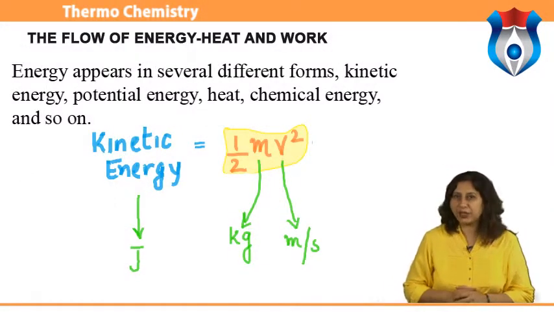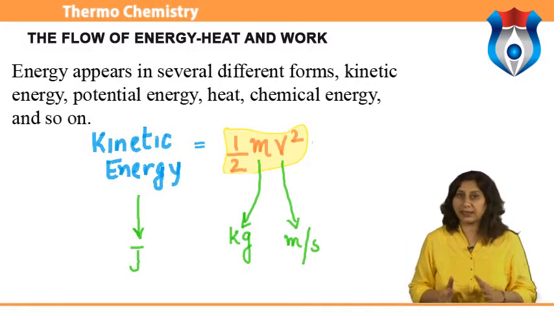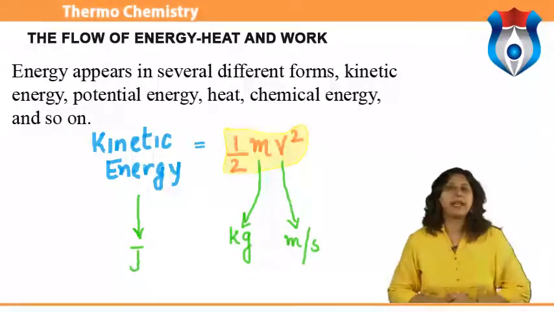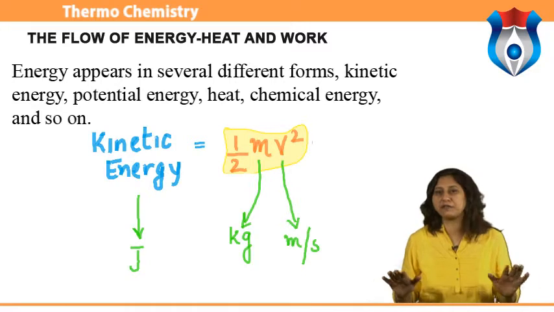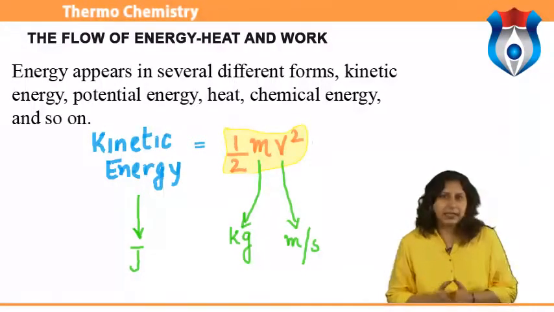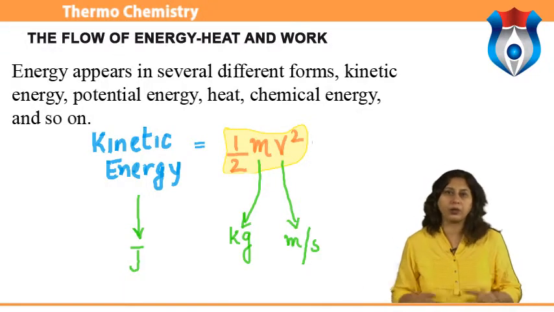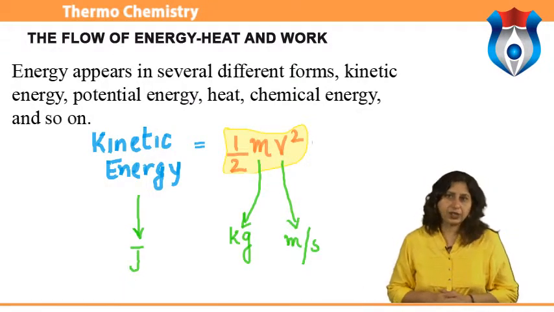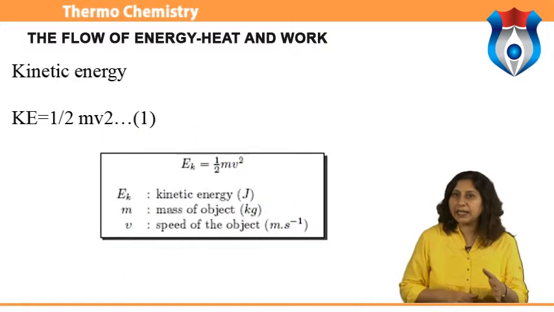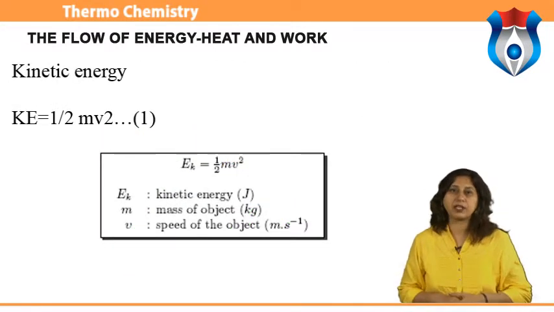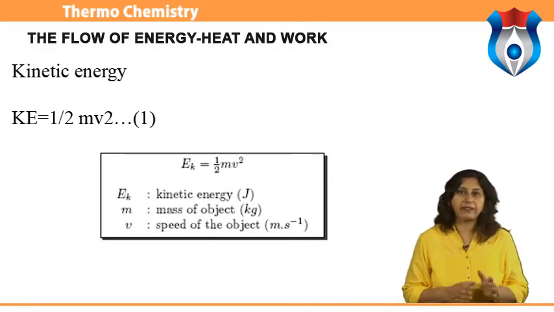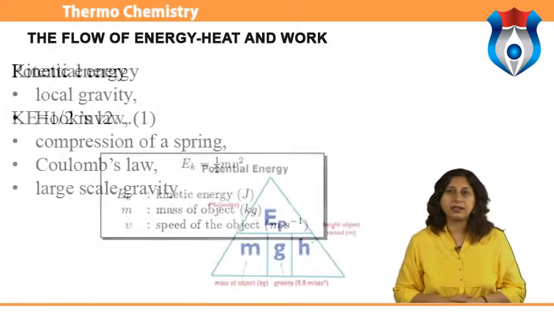Thermodynamics deals with energy in its various forms and the conversion of one form of energy into another. Energy appears in several different forms: kinetic energy, potential energy, heat, chemical energy, and so on. Kinetic energy is energy of motion. It is written as KE equal to half mv squared, where m is the mass of a moving object and v is its velocity.